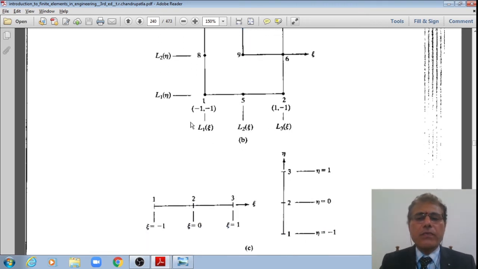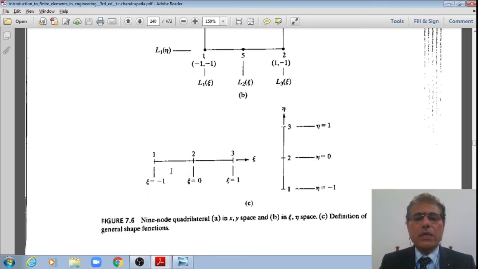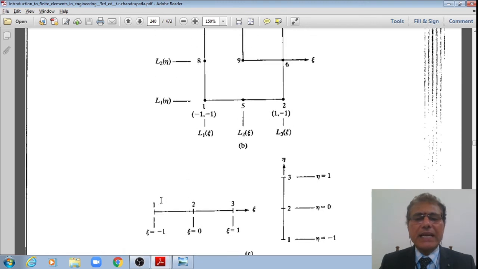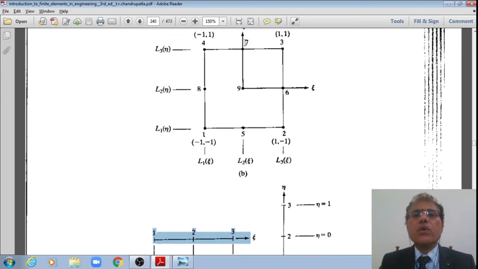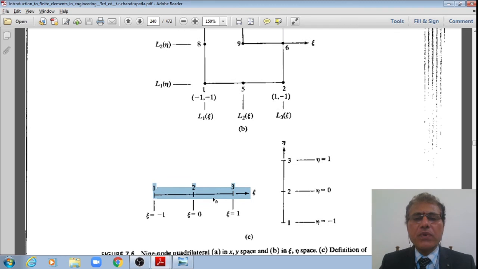Considering the xi direction, nodes 1 5 2, or 8 9 6, or 4 7 3 are respectively 1 2 3 here.